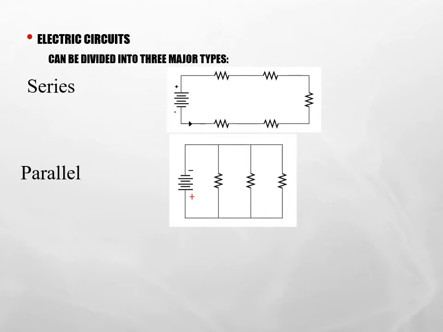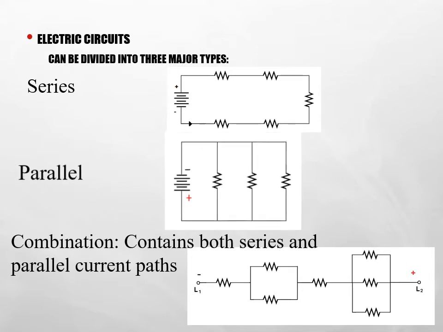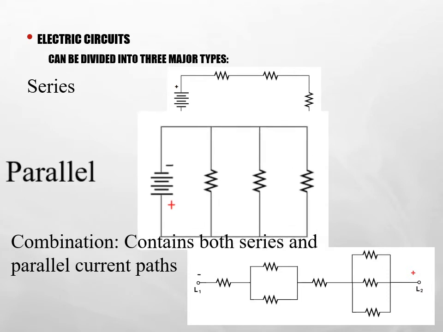Once we have these down and we understand the differences between a series circuit and a parallel circuit, we can then apply those rules as they pertain to a combination circuit, where it would have both series and parallel components. But for now, let's focus in on the parallel circuit.